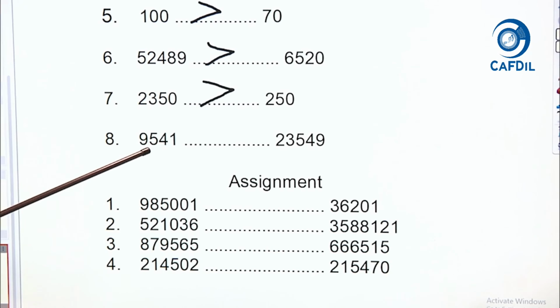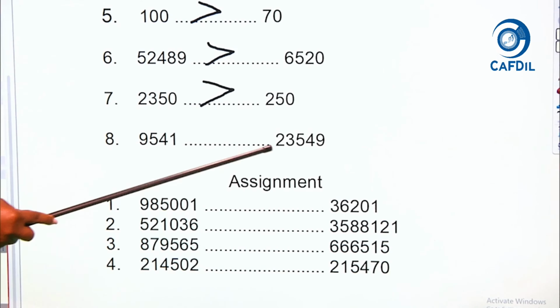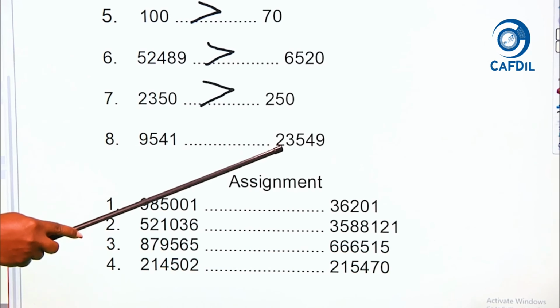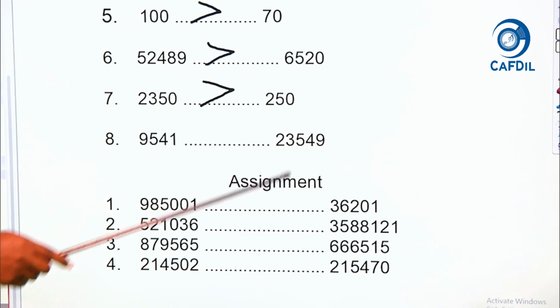Therefore, we are going to base on this one to put in the sign. So 4 digits and then 5 digits. You see that 4 is less than 5. 4 digits is less than 5 digits. So this number, 9,541, is less than 23,549. Let's put in the sign, the less than sign.